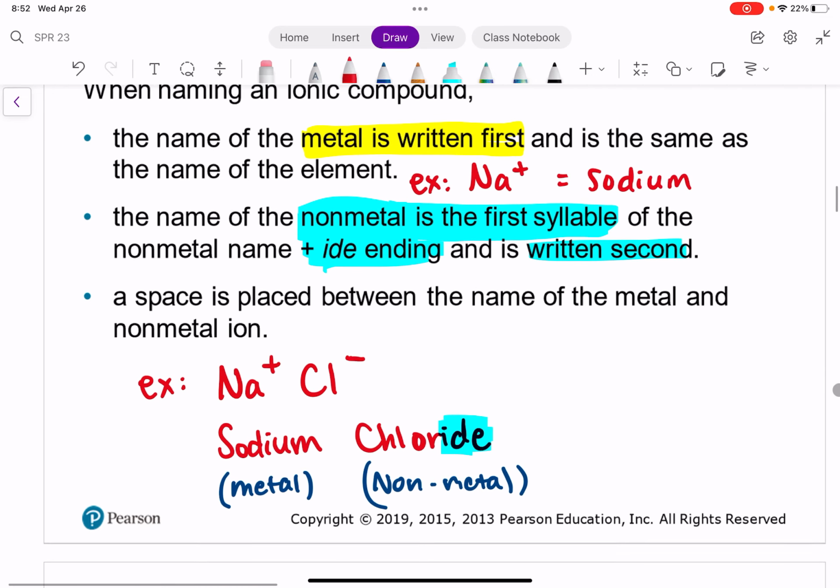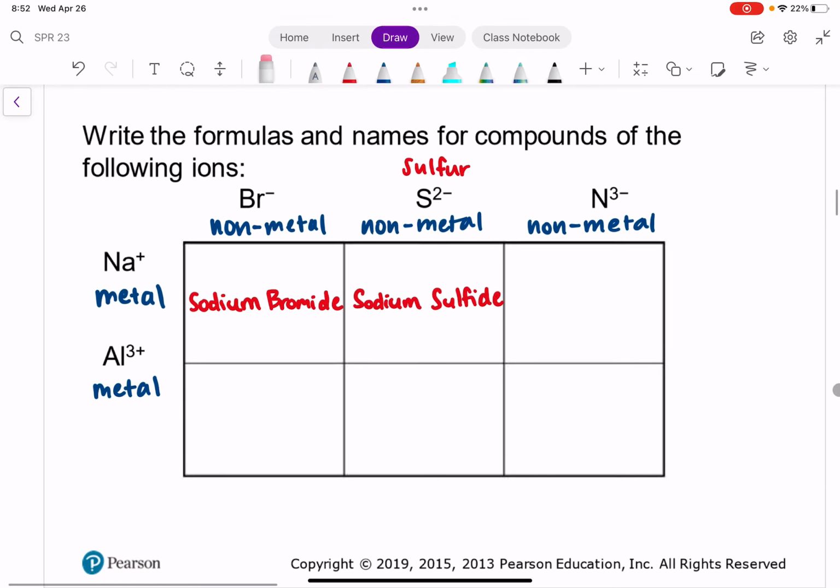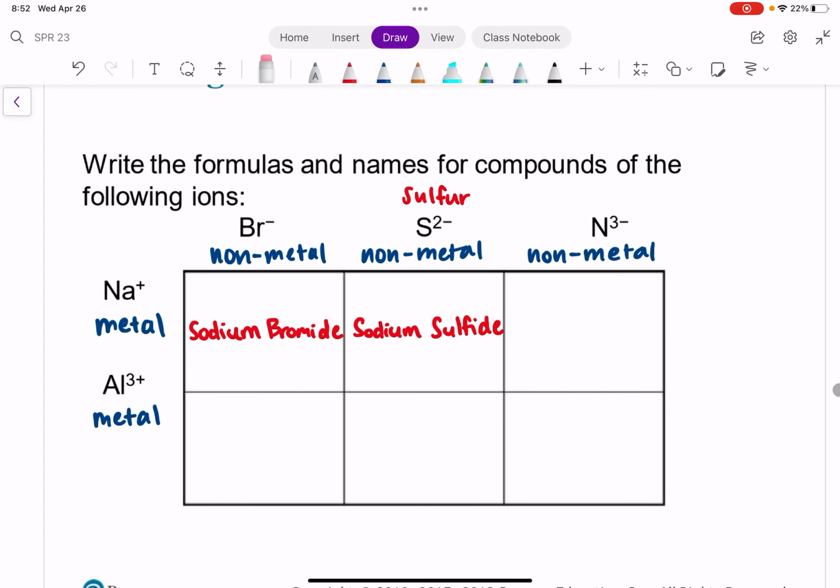This actually specifies that you are taking the first syllable and then adding the ide ending to that. So the first syllable of sulfur, sul, is the first syllable, so we keep that. I guess we keep the f too. Some of these are kind of weird because they have those odd endings.